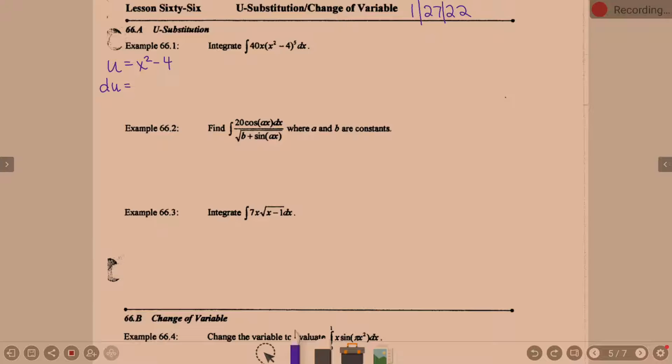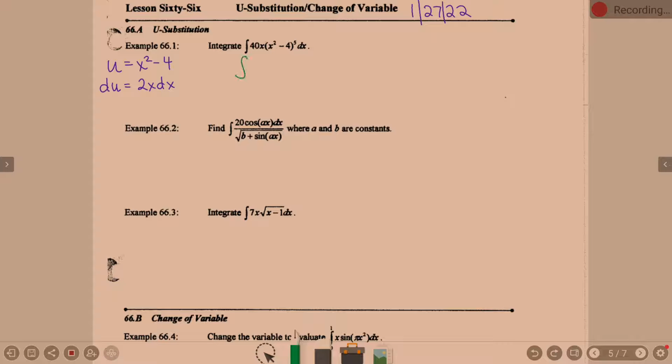The derivative of x squared minus 4 is 2x, and then I'm going to tag on a dx. Now, I'm going to pause that there at the moment, and we'll come back and see if it matches up or if we need to do a little bit of moving around. So we're going to go over and integrate here.